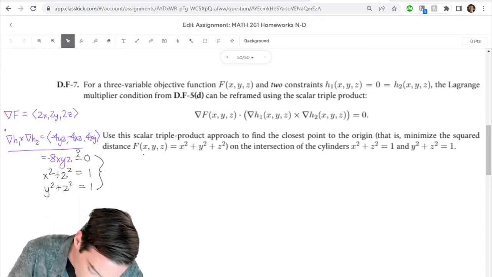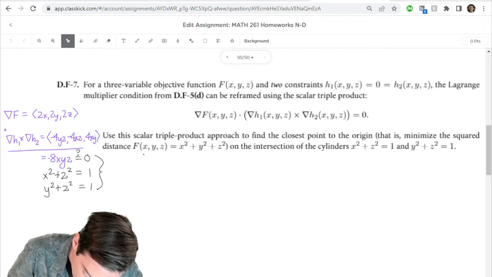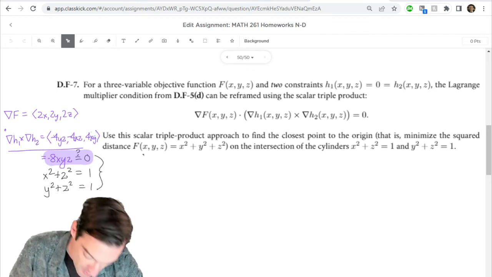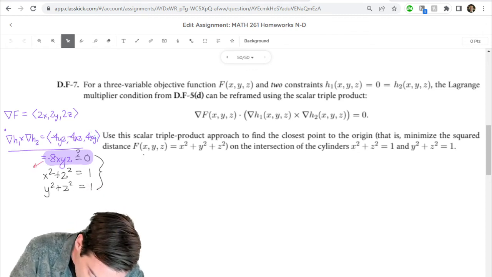What I want to close this example with is my recommendation that whenever we have an equation that looks like this, we use the zero factor property. Negative 8xyz equals 0 means that either we must have x equal to 0, or y equal to 0, or z equal to 0.